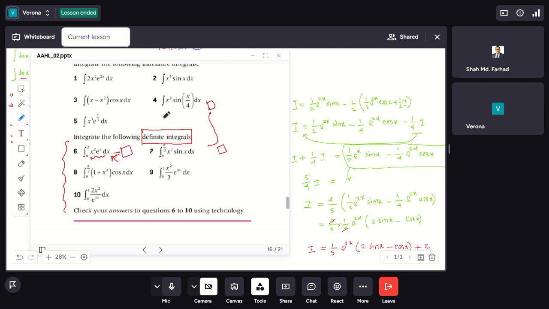Okay, GDC, which one do you use? TI-84. Oh, okay. Or TI-Nspire.